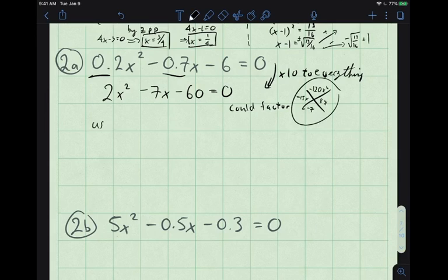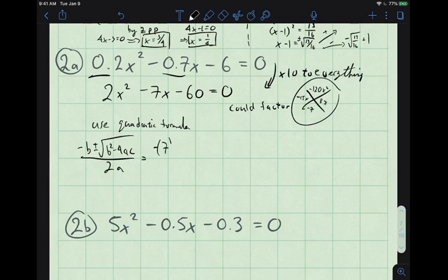We could use the quadratic formula. Just as a refresher again on how to use it: negative b plus or minus the square root of b squared minus 4ac, all over 2a.